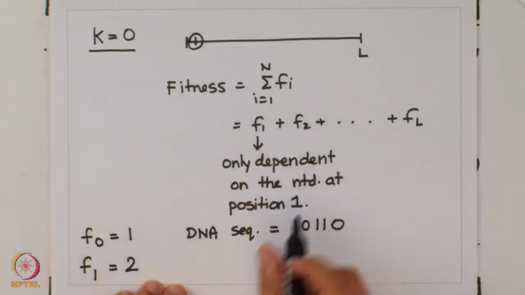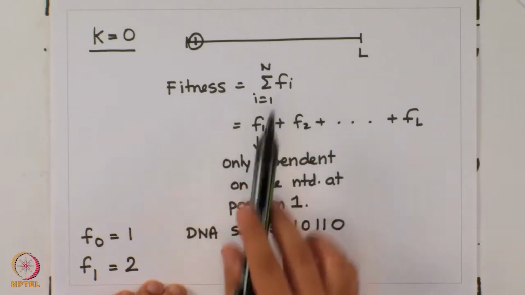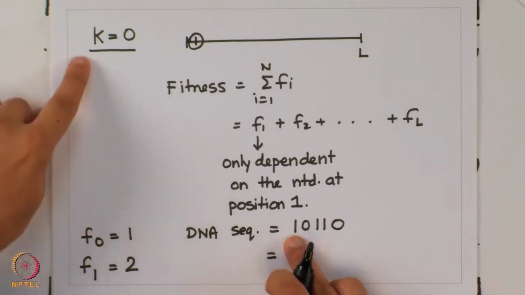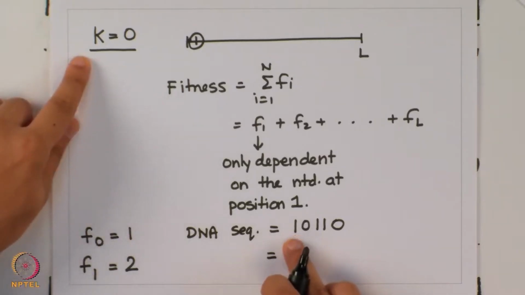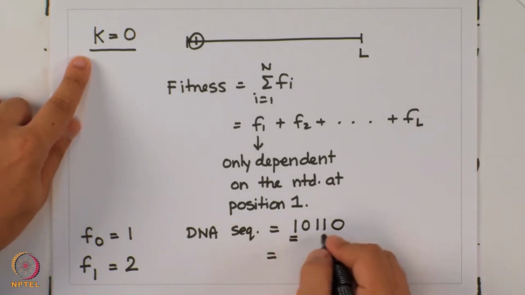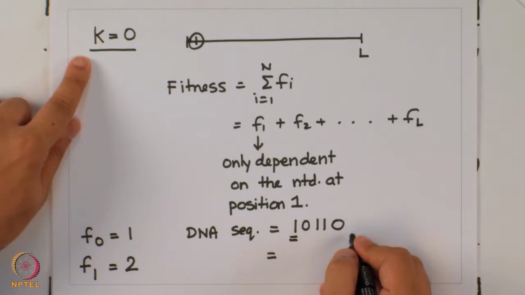I have this relationship that fitness is equal to the sum of contributions of each of these positions. So, since k is equal to 0, fitness contribution of this 1 in the DNA sequence is only dependent on its own nucleotide and on none of the other nucleotides present on the DNA.